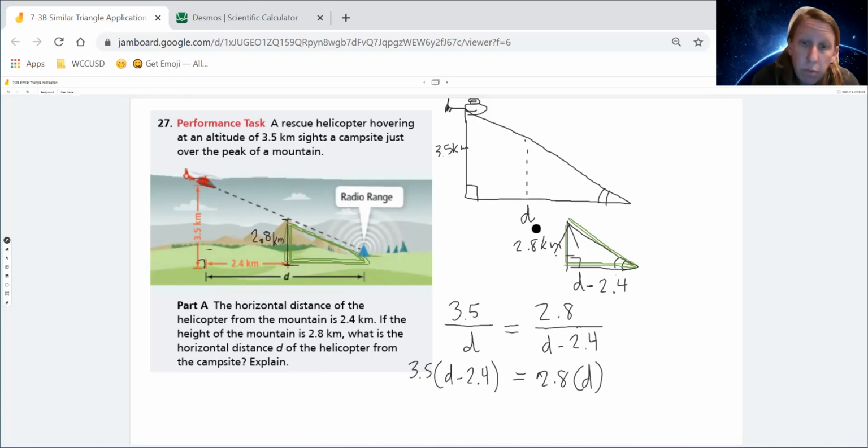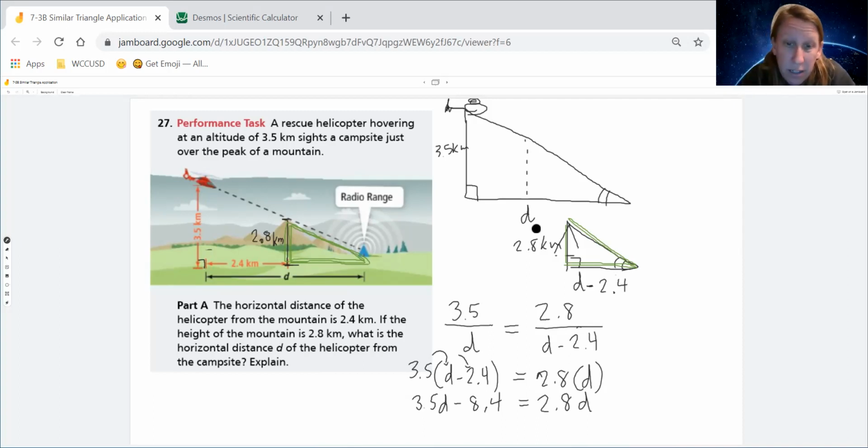And this is distributive property, so I'm going to do 3.5D minus, I'm grabbing my calculator, I'm doing 3.5 times 2.4. 3.5 times 2.4 is 8.4. And I'm doing 2.8D. I have variables on both sides.